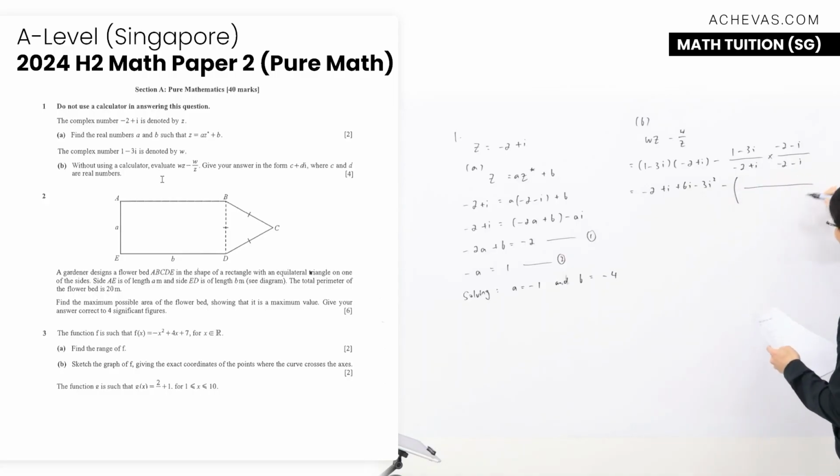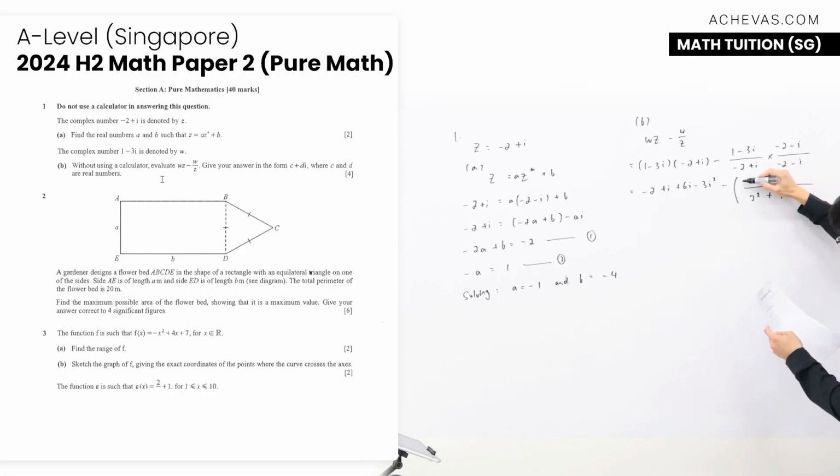For the denominator, using (a + b)(a - b), I will end up with 2² + 1, because this i times i gives me -1 squared, so therefore it's a plus 1.